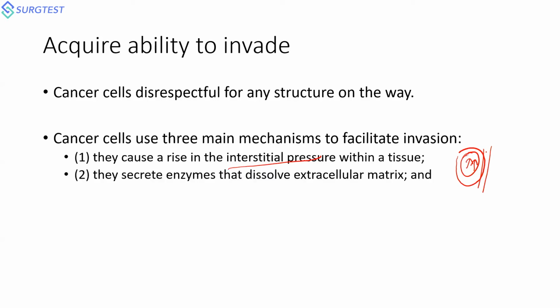facilitating invasion. They will also produce a few substances which will degrade your extracellular matrix. So in the extracellular matrix, your MMPs, your matrix metalloproteases, will be produced, and collagenases will be produced. These substances will destroy the local environment. They will help the cancer cells to invade into the adjacent structures.